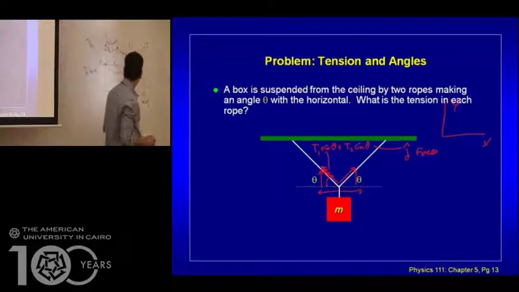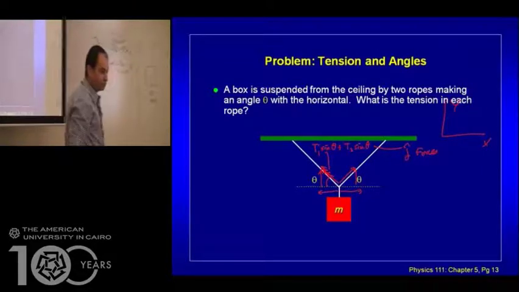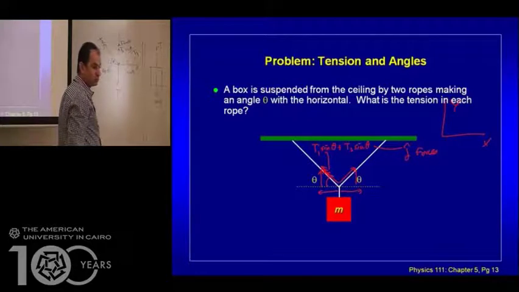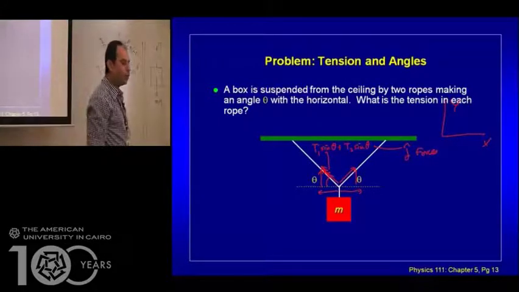There's something I don't understand. Why isn't it T2 cosine theta divided by 2, T1 cosine theta divided by 2? Why isn't the x and y component divided by 2? Because tension is less, there are two ropes, adding the two tensions.